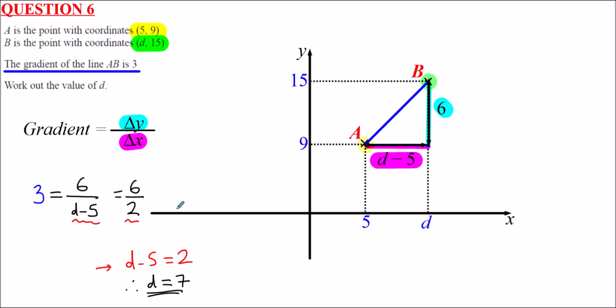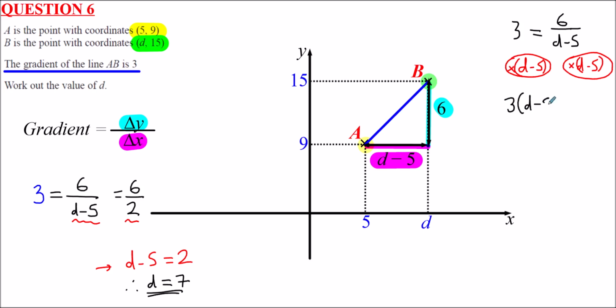Now, if you don't like that way, it's okay. I'm going to start here with 3 equals 6 over D minus 5. If we multiply both sides by D minus 5, as a more standard approach, on the left I'd get 3 lots of D minus 5 equals 6.